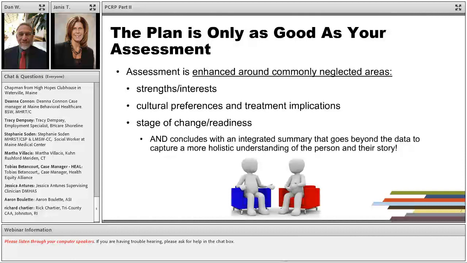So we think obviously a lot more about the different strengths and interests that a person brings to their recovery process. We want to attend to different cultural preferences and how that might result in some treatment implications and preferences. And also thinking about stage of readiness. Where is someone at in their thinking process and in their recovery?